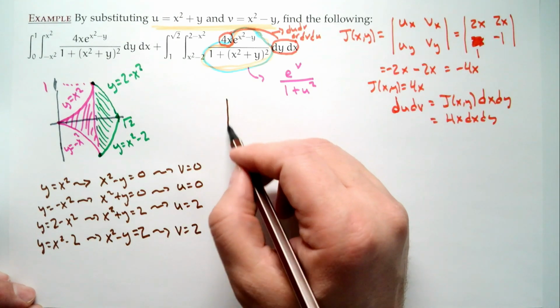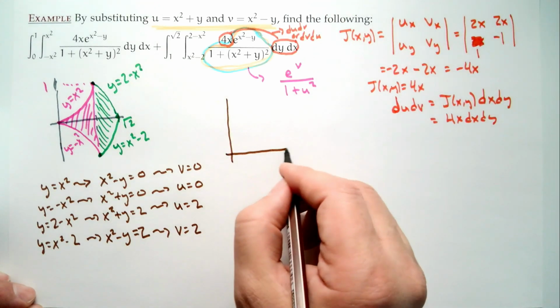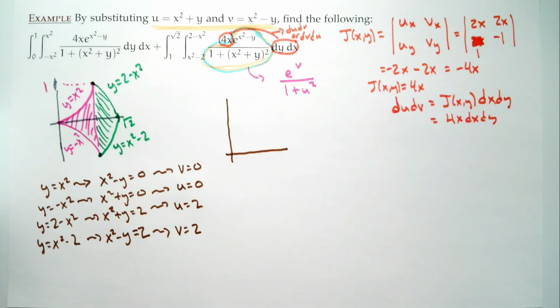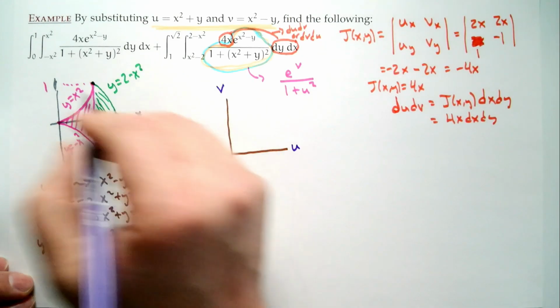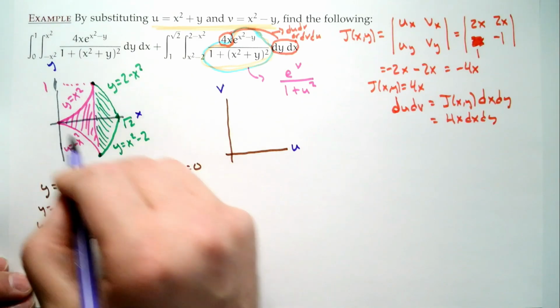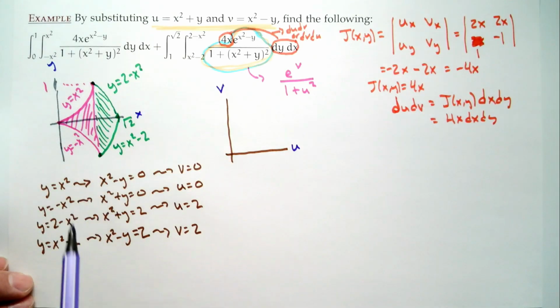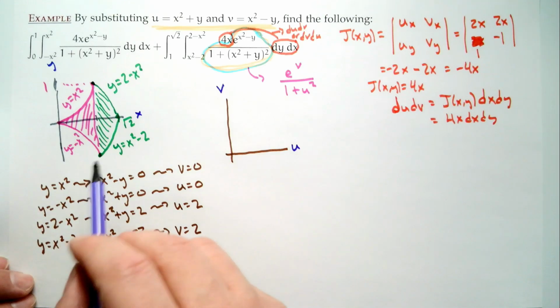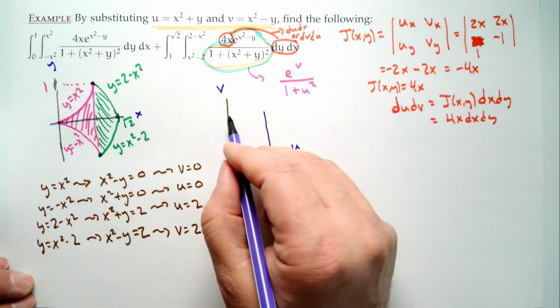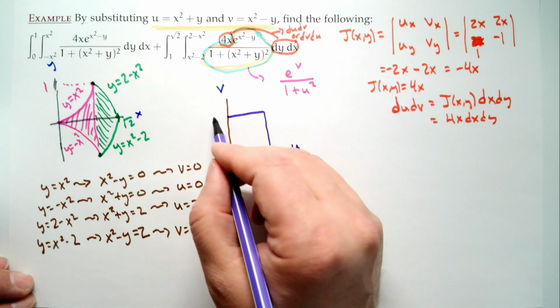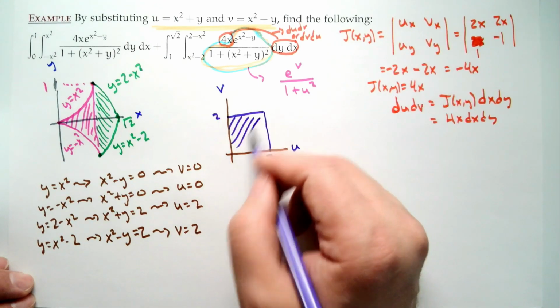Which means if you now sketch your coordinates in the uv plane, over here, this shape, kind of interesting but hard to navigate, was in the xy plane. In the uv plane, we have ourselves a very nice shape. It's a nice box.